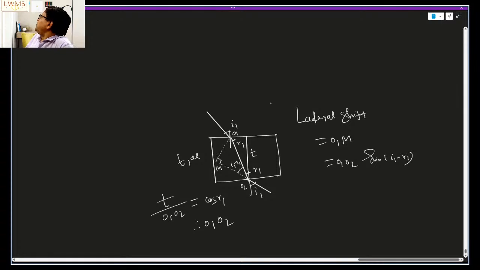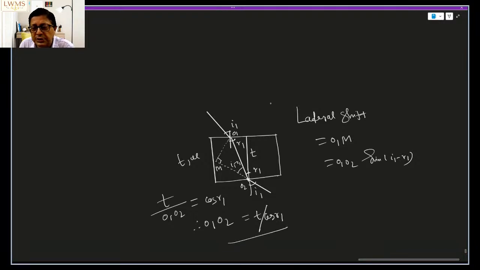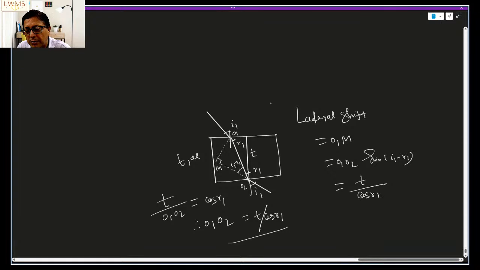So the value of O1 O2 equals T by cos R1. Just put it there. T by cos R1 sin I1 minus R1. Clear?